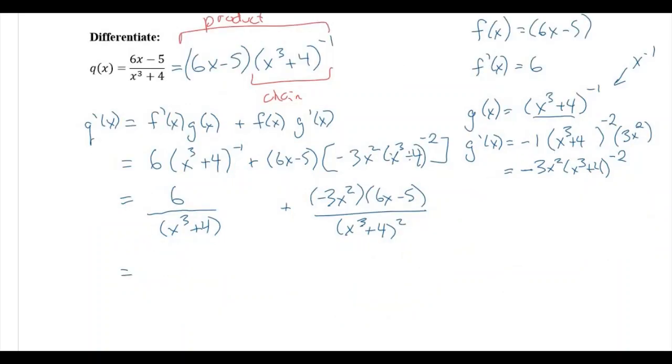And now, it would probably help if we can get this looking like one fraction. So let's get them over a common denominator. To do that, we take the first one and multiply by x cubed plus 4, because then we have the same denominator for both fractions. But to keep it equal, we have to do the same thing to the top.